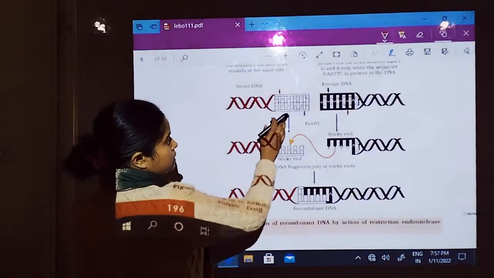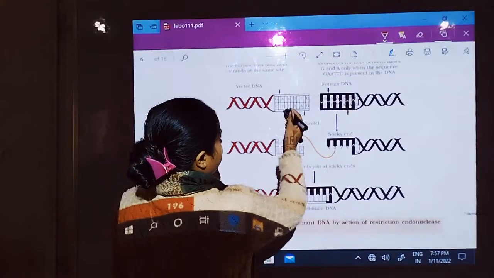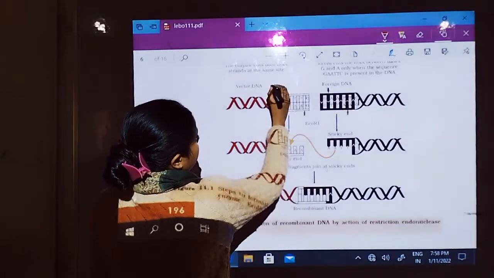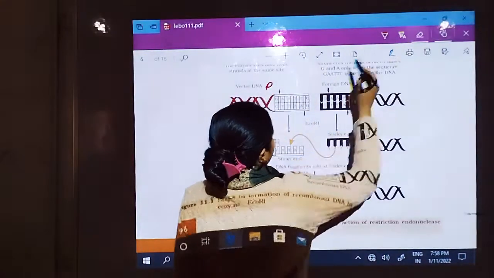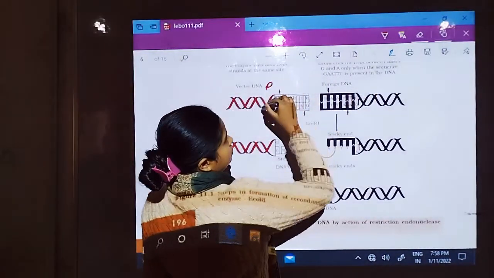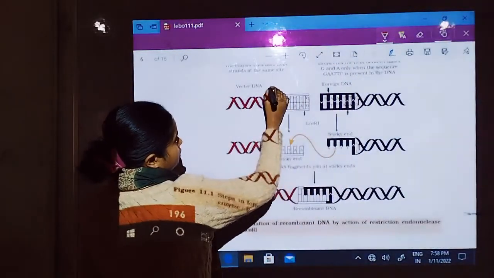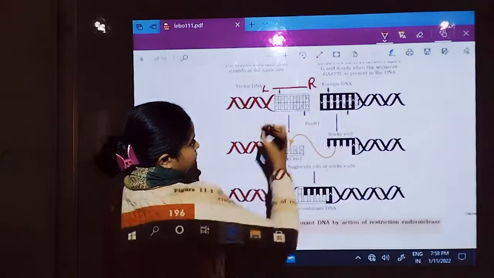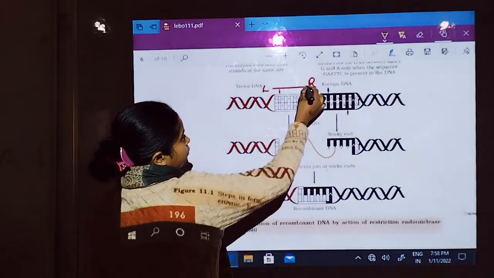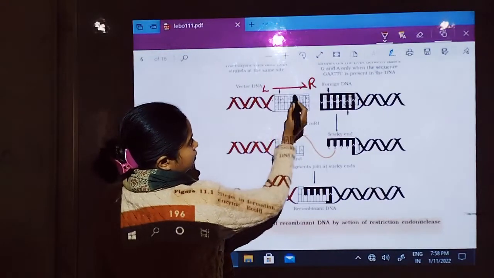Now let us discuss the point. Here is the palindromic sequence. What is the palindromic sequence? When we read from left to right, the sequence is GAATTC.